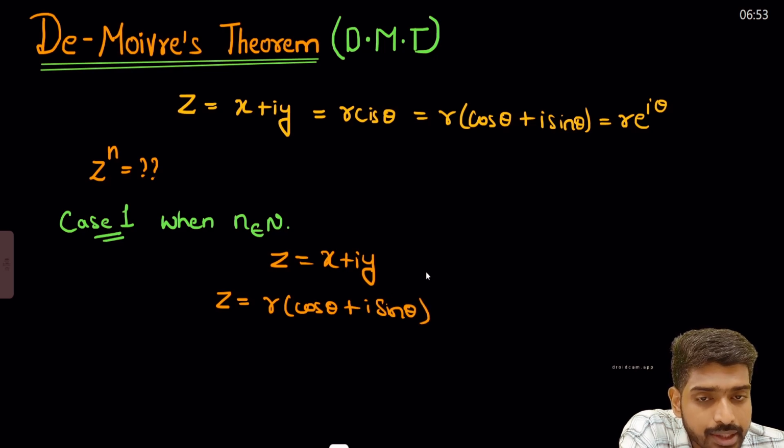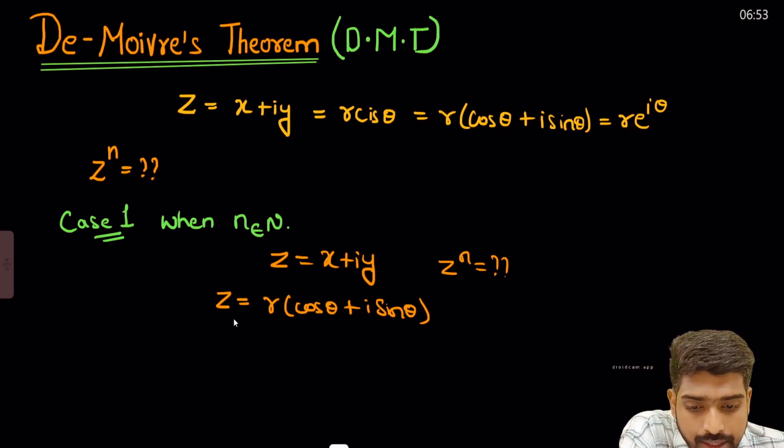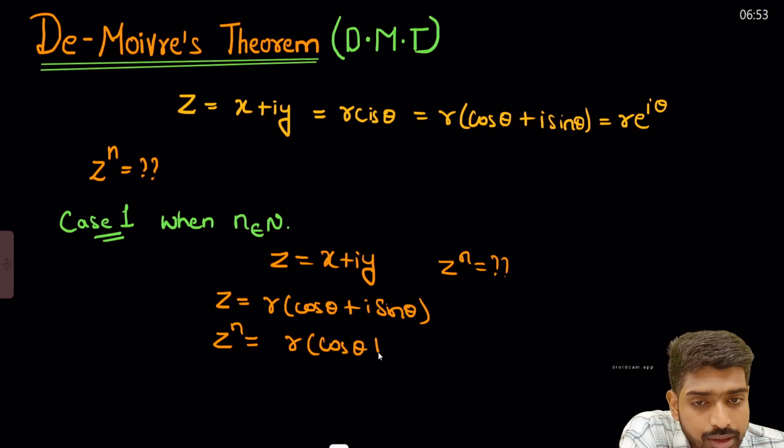Here complex number z is given and they asked for z power n. So to find z power n, first we'll convert our complex number into polar form, right? After that, this z power n will be r cos theta plus iota sine theta whole to the power n.